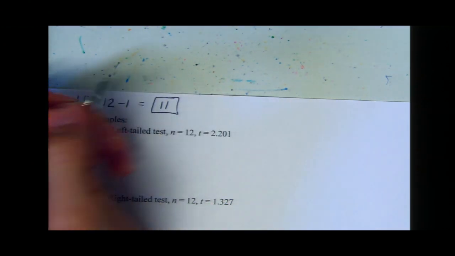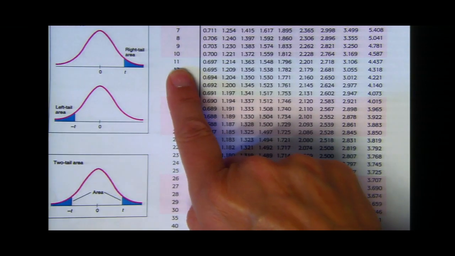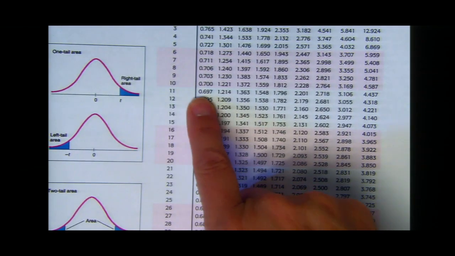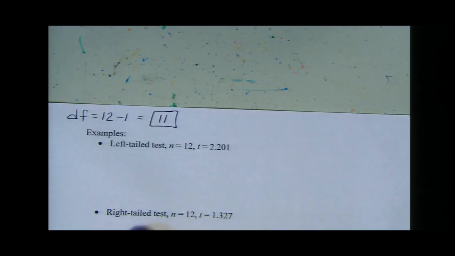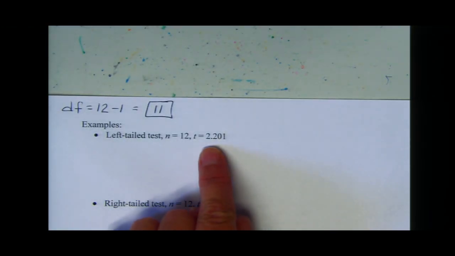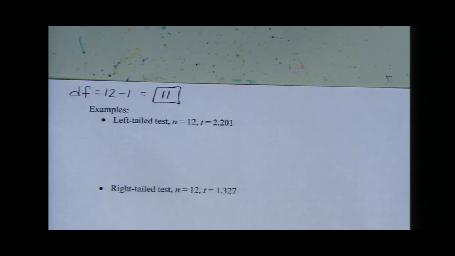So what that tells me is for all of these examples on this page, our DF will be 11. So we'll always be using this row of numbers. Now, the T that is given, this is your test statistic that would have been calculated in step 2. And what we're going to do on each of these is find the p-value, which is your step 3.